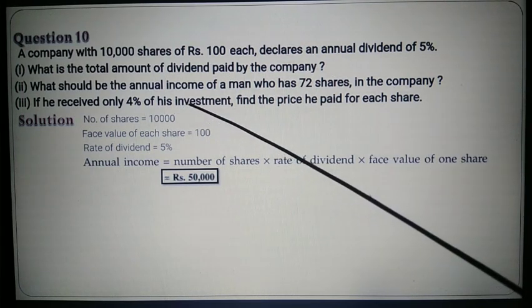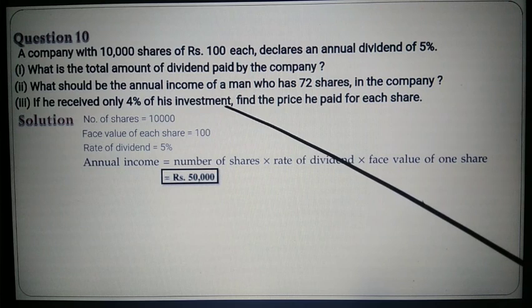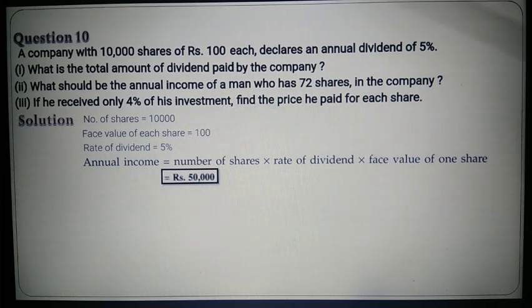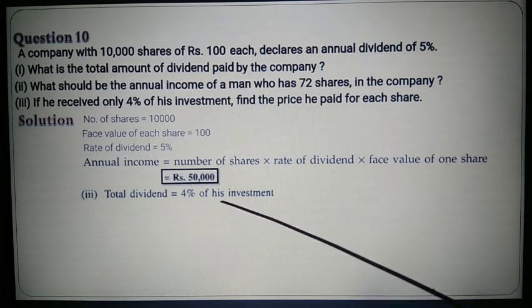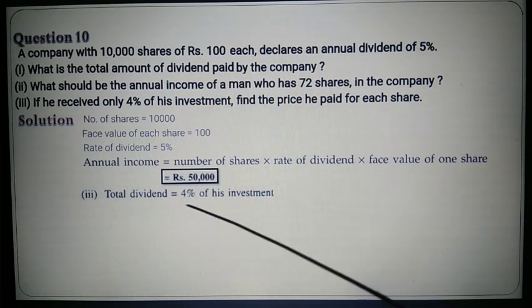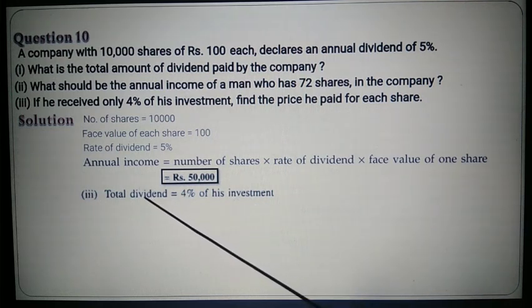If he received only 4% of his investment, that means profit is 4%, find the price he paid for each share. So they are asking what is the market value. Total dividend means total profit is 4% of his investment. Now what is the total dividend?